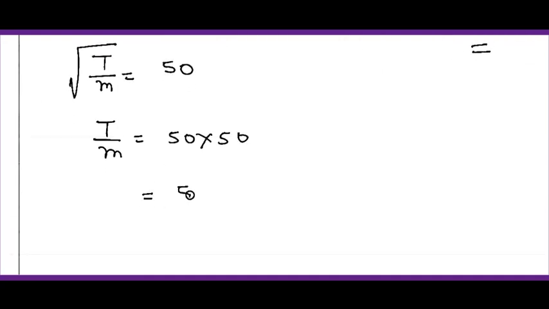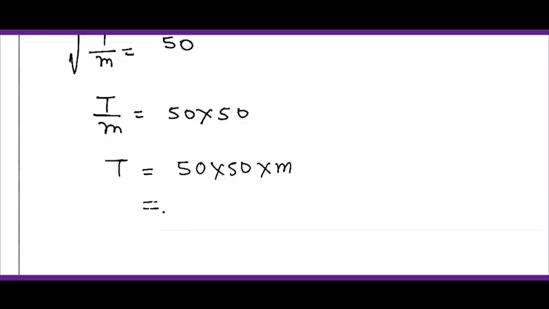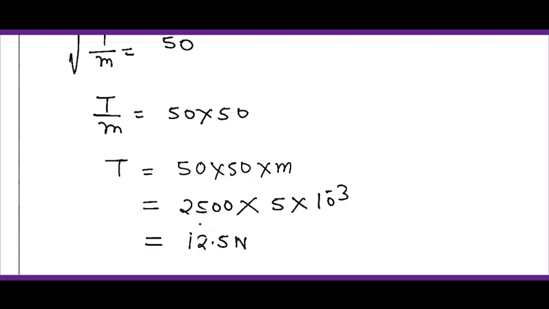If we take the m to the other side, T will be 50 into 50, that is 2500 into mass. The mass is given in gram, so we will write in kg. This will be 5 into 10 to the power minus 3, and if we solve this, it will be 12.5 Newton. Okay, so the tension is 12.5 Newton.